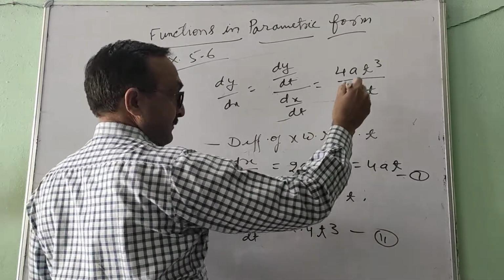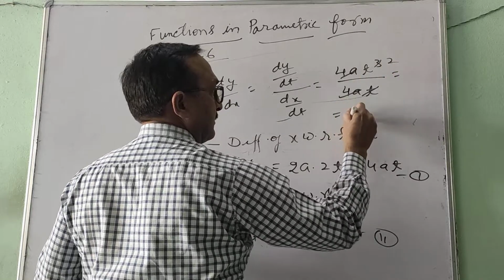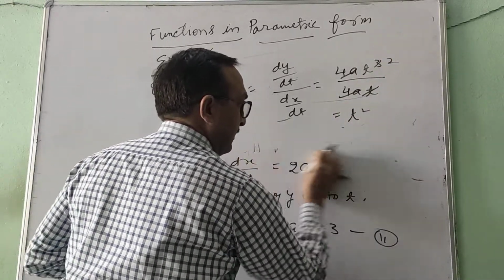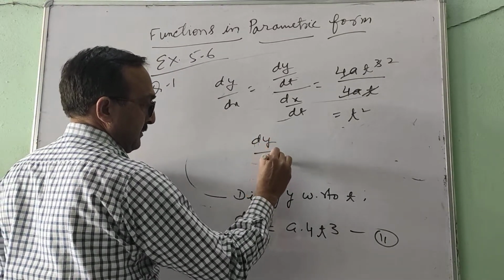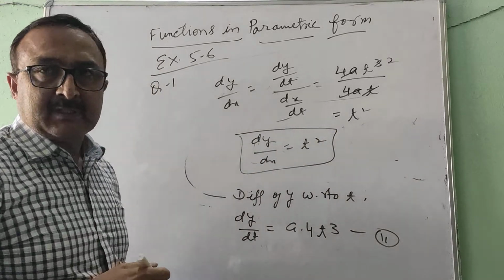And simplify. It's t square. So now the differentiation dy upon dx equal to t square. This is the solution of this problem.